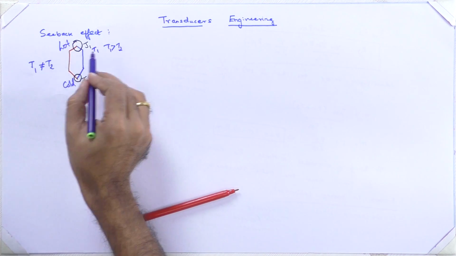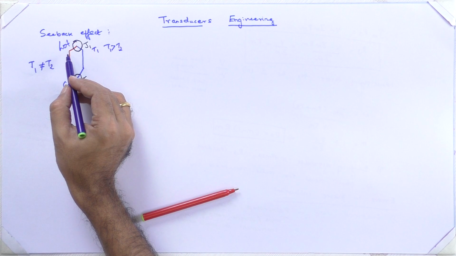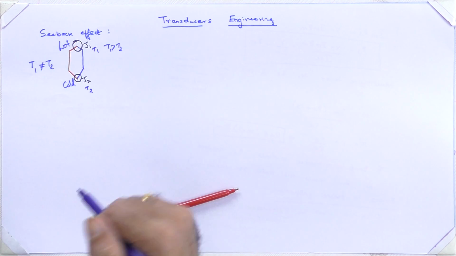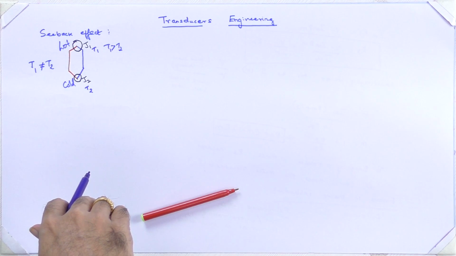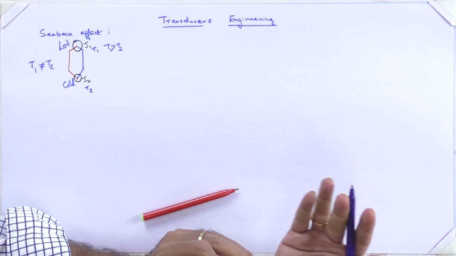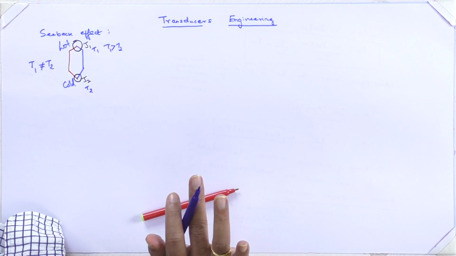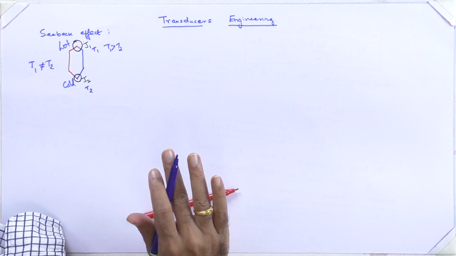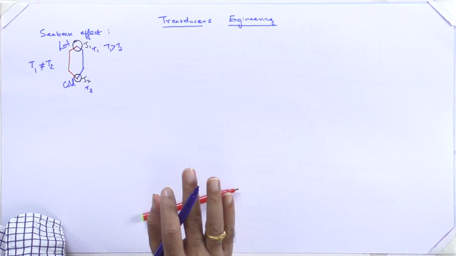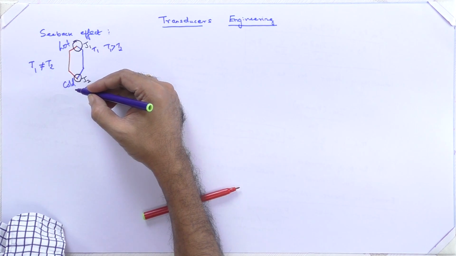The hot junction is the one that we are going to insert into a parameter measuring environment, be it a water bath, a room, a gaseous environment or even molten ion. We can insert this end into that area and then measure the temperature. Hence it is called the hot junction, and the other end is called the cold junction.